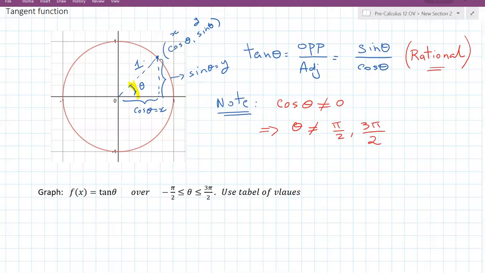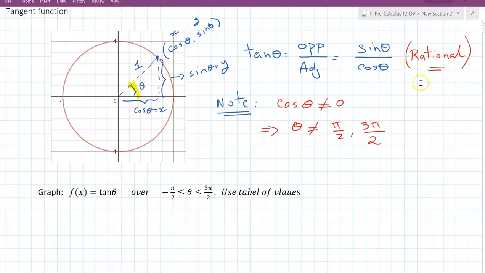All right, so based on that, you notice that tangent is opposite over adjacent, and therefore tangent of theta is sine theta over cos theta. Okay, and this is actually a rational expression.